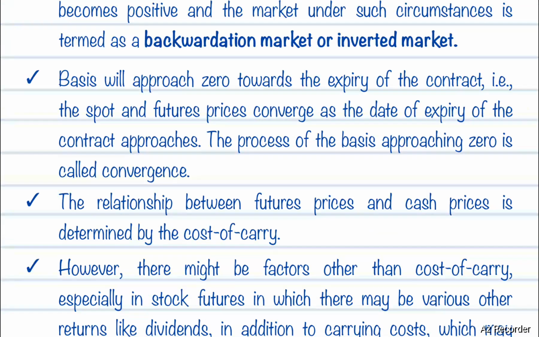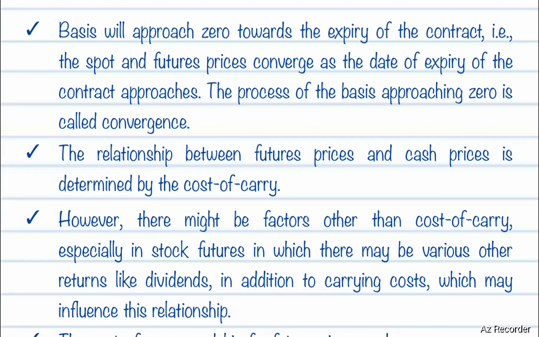Basis will approach zero towards the expiry of the contract. That is, the spot and future prices converge as the date of expiry of the contract approaches. The process of the basis approaching zero is called convergence. The relationship between future prices and cash prices is determined by the cost of carry.